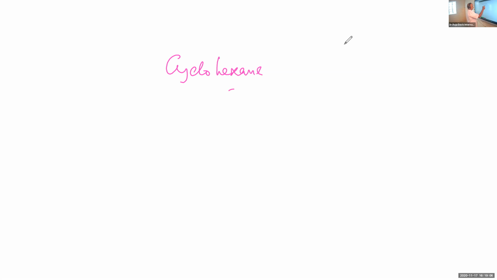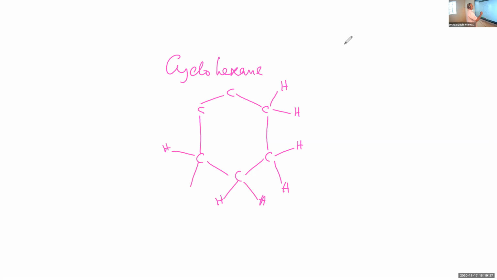Cyclohexane. There will be a chain of 6 carbon atoms, and the remaining valences are satisfied by hydrogen atoms, like this. So this is the structural formula, the complete structure of cyclohexane.